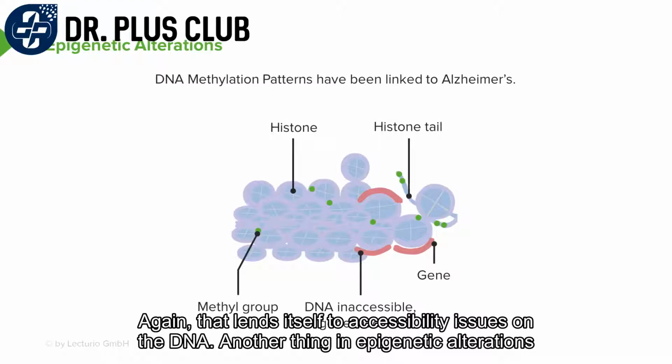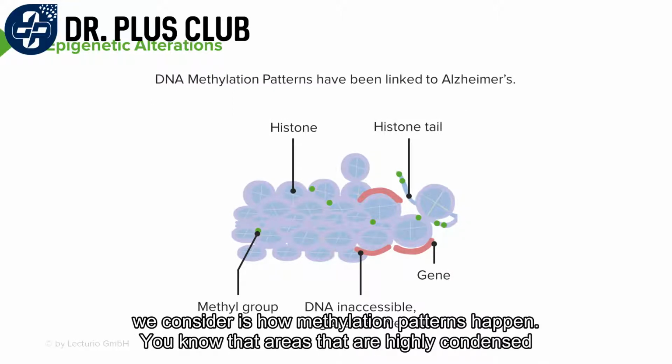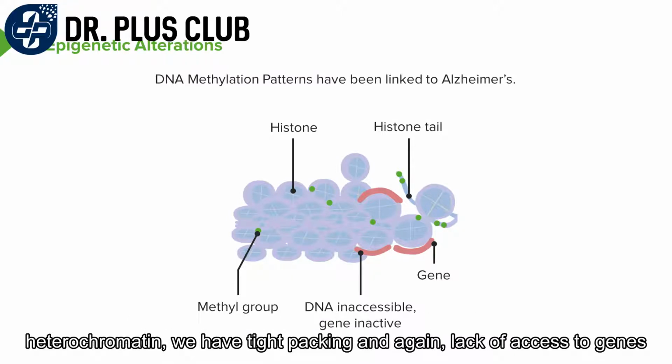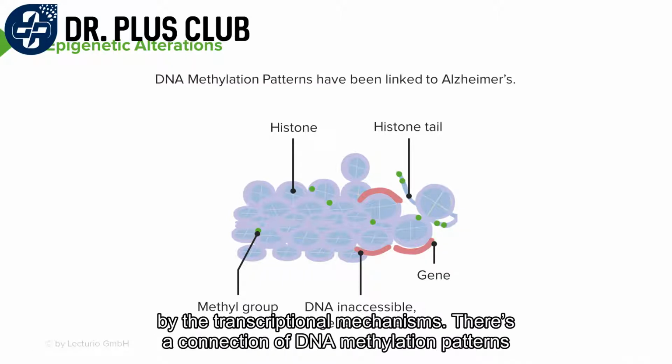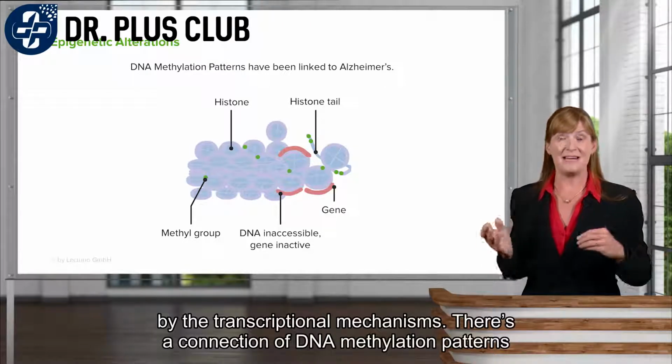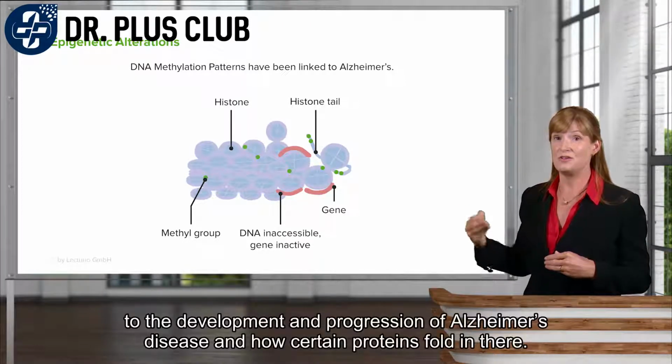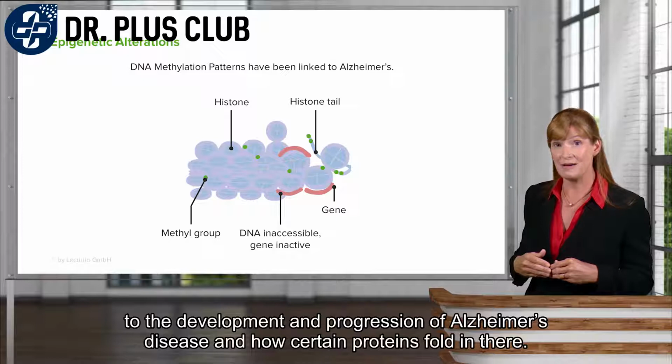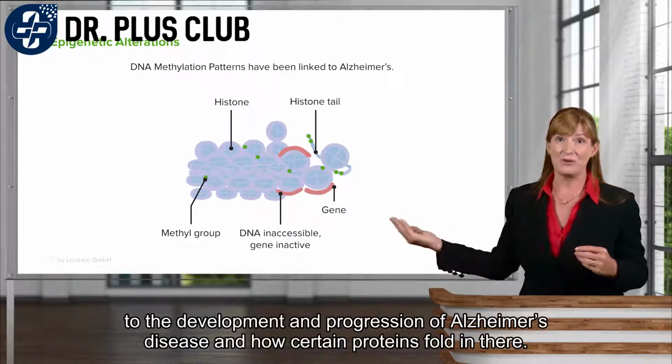Another thing in epigenetic alterations we consider is how methylation patterns happen. You know that in areas that are highly condensed, heterochromatin, we have tight packing and again, lack of access to genes by the transcriptional mechanisms. There's a connection of DNA methylation patterns to the development and progression of Alzheimer's disease and how certain proteins fold.